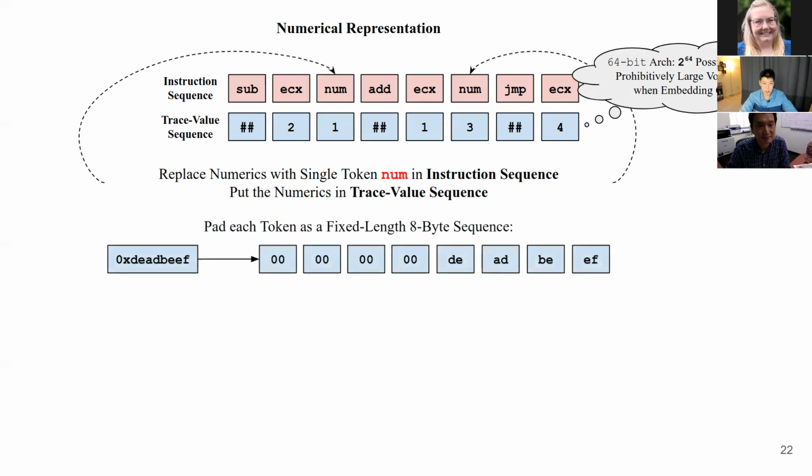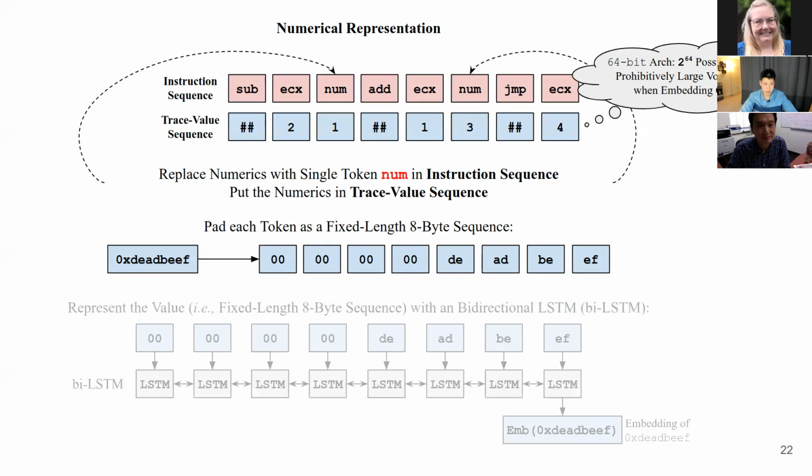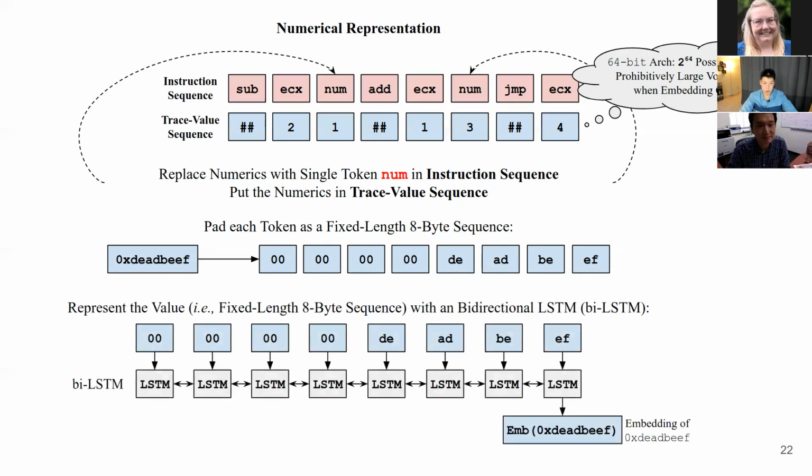And in order to encode the trace value sequence that has 2 to the 64 potential values, we break each value further into 8 bytes, which forms a sequence. And then we use an LSTM to aggregate these 8 bytes as a simple representation of that number.